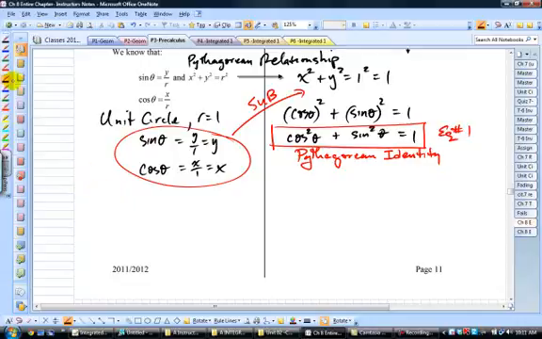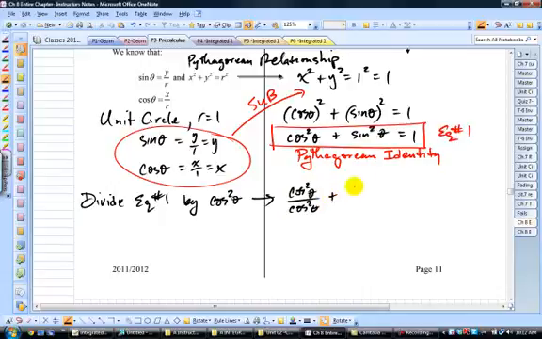I want to divide equation number 1 by cosine squared theta, and I want to see what we get. So here we go. Cosine squared theta divided by cosine squared theta, plus the second term, sine squared theta divided by cosine squared theta, is equal to 1 divided by cosine squared theta.